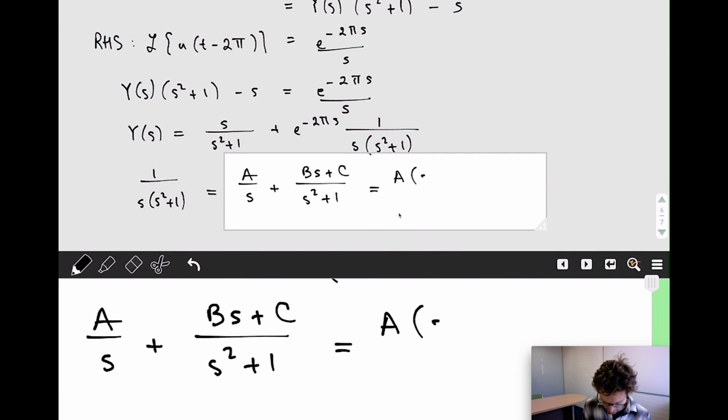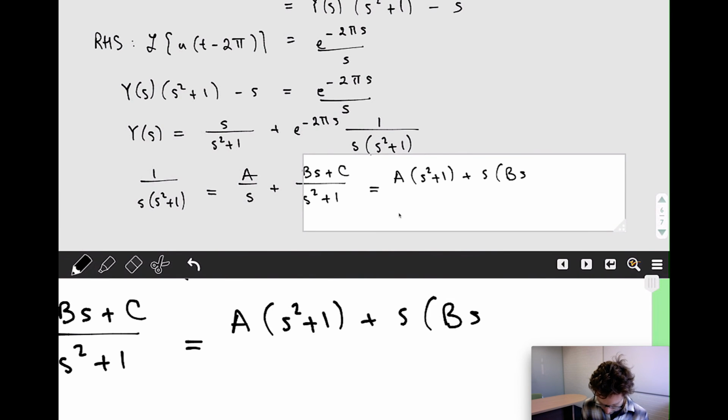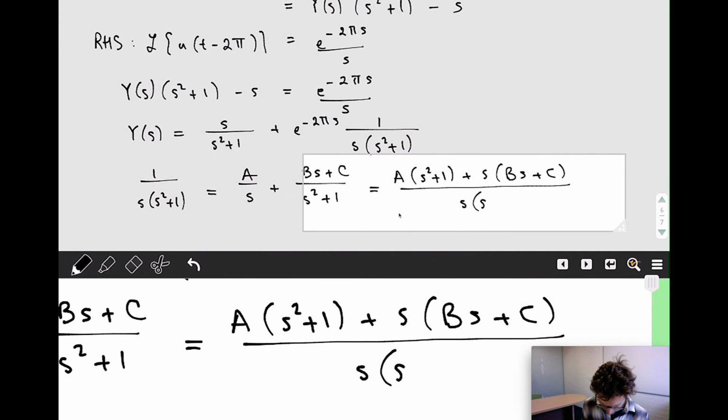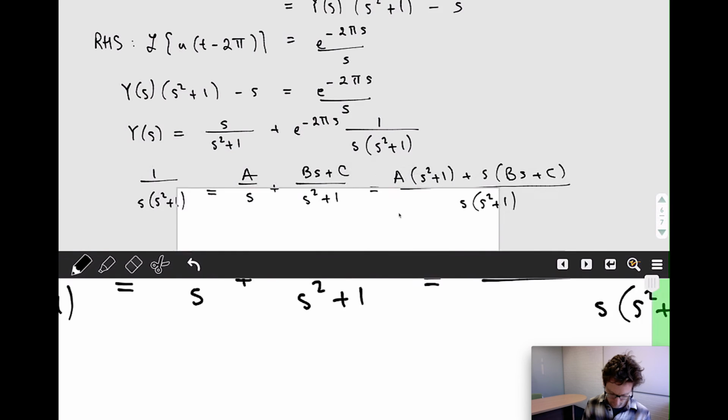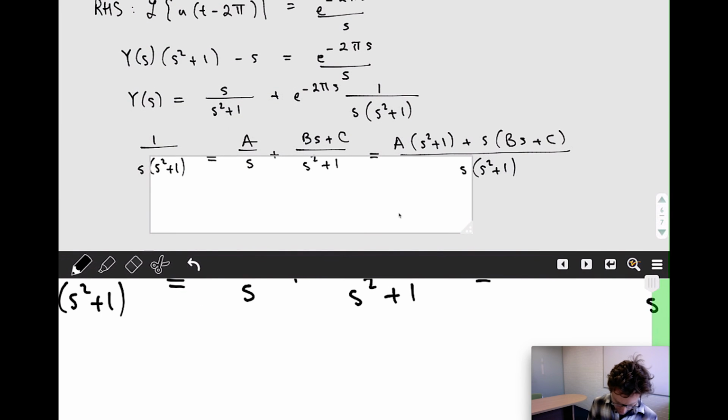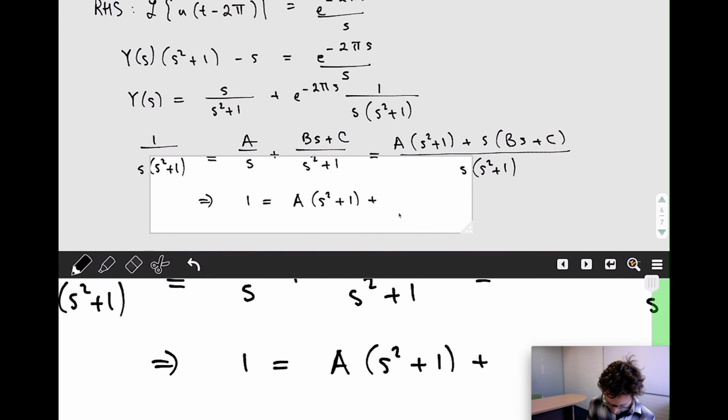Cross multiplying and equating the numerators gives me 1 equals A times s squared plus 1, plus Bs squared plus Cs.